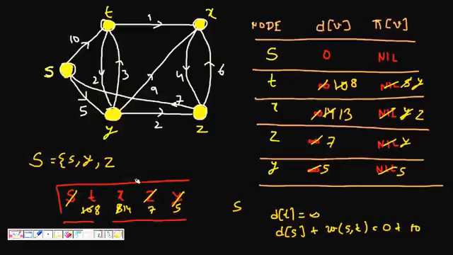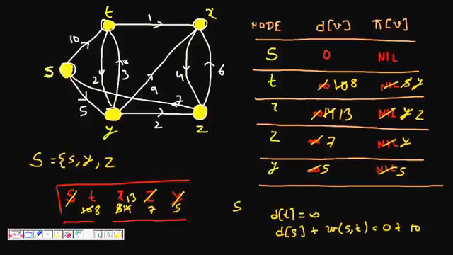So this update happens, x is 13 now, and z also has come out. t was not connected here. So now we are left with t and x. t is the smaller one, so we go to t.